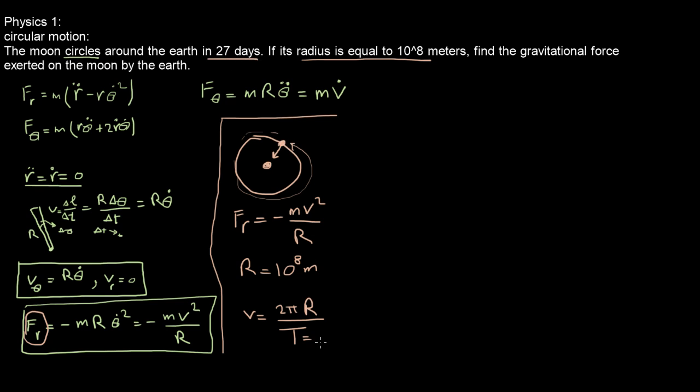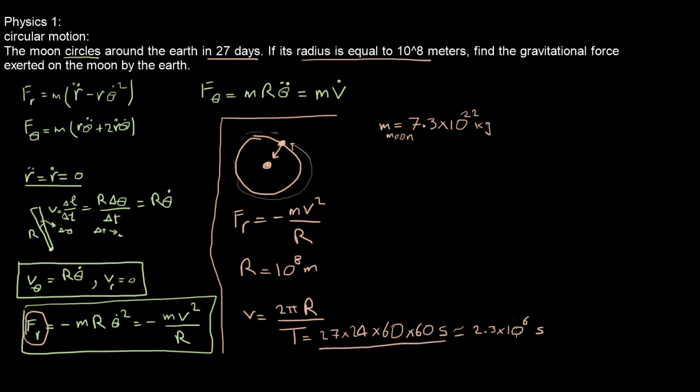So therefore T is equal to 27 days, and each day is 24 hours, and each hour is 60 minutes, and each minute is 60 seconds. So therefore T is that much in seconds, R is given there, so therefore V is known, R is known, and the mass we have to find online or through our book. So everything is known, we can find the gravitational force.